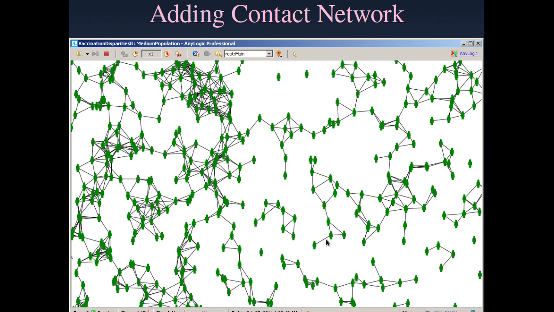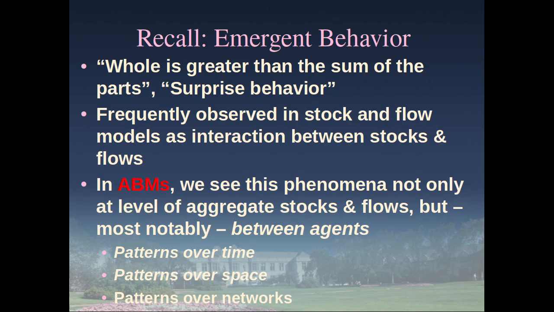These individuals further can interact with others, say through networks. So, for example, we can add contact networks in to connect individuals up. And just as with system dynamics, there's emergent behavior that results.